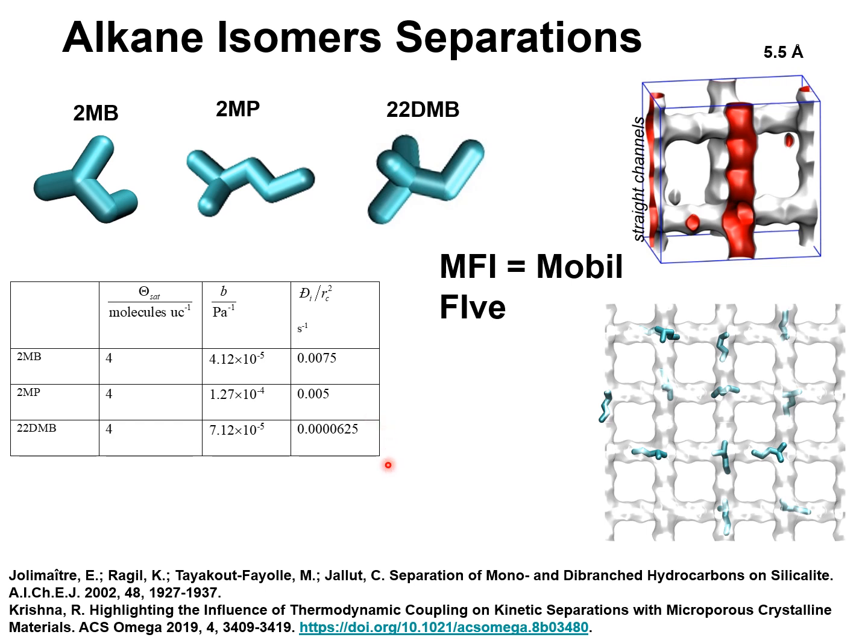And I demonstrate this by examining a set of 6 experiments reported by Joly-Maitre in the AIChE Journal paper published in 2002. The analysis I will be presenting is based on my own paper published in ACS Omega in 2019.